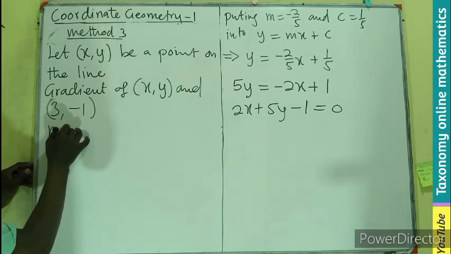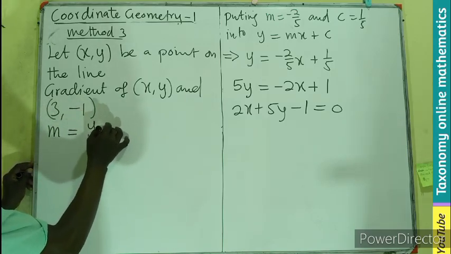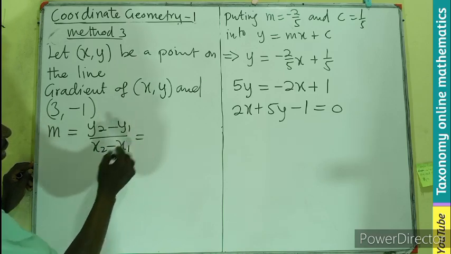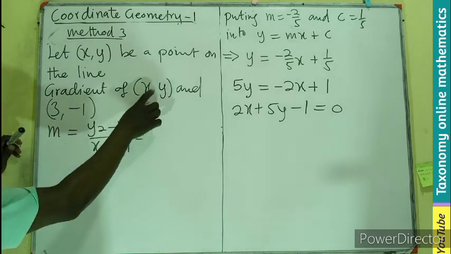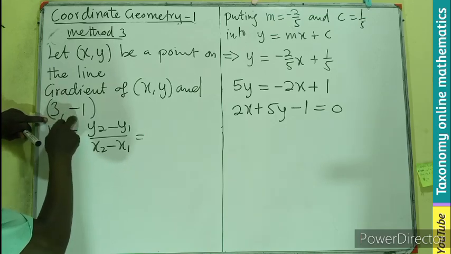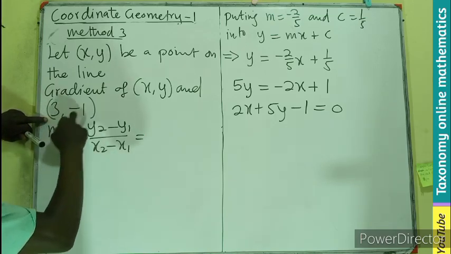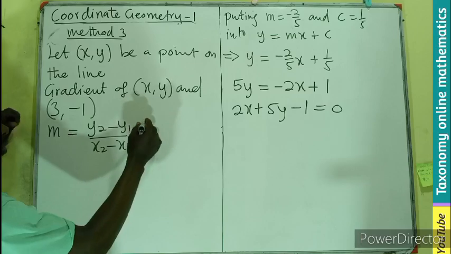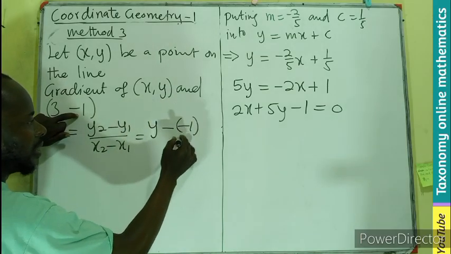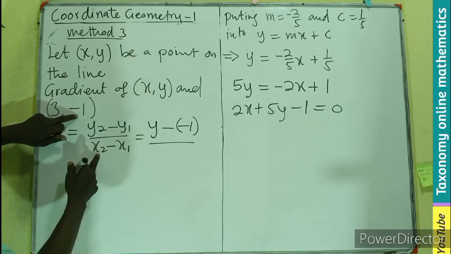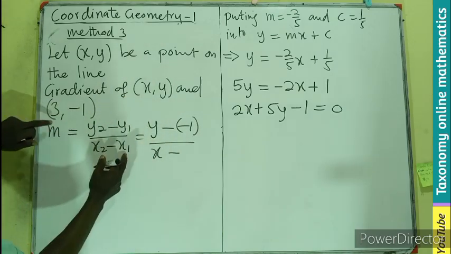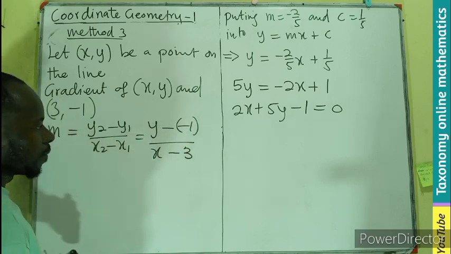So our gradient will be equal to y2 minus y1 over x2 minus x1. So we are picking this point as the first one, this as the second one, or this is the one given in the question. So let's pick this as first, second. So y minus negative 1 divided by x2, minus x1, which will be 3.